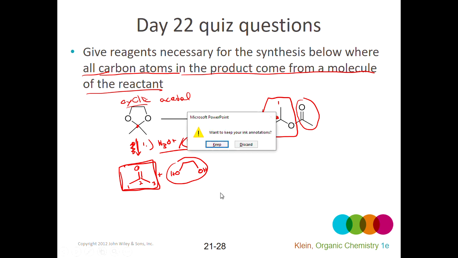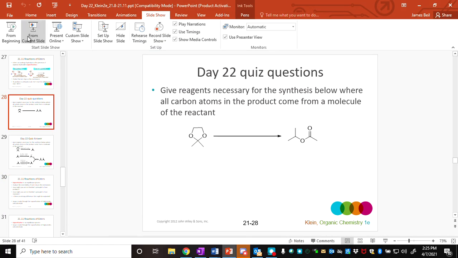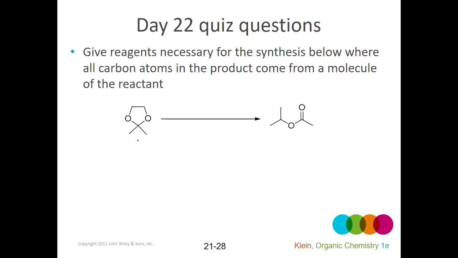So what can I do with this acetone? I'm going to use H3O plus and water here to make the acetone. And I'm not going to show this because that's just a byproduct. So once I've got the acetone, there's a hydrogen here, and there's no hydrogen here. Counting the carbons and looking for the hydrogens in the areas where the reaction is going to occur is really going to help me know what to do here.